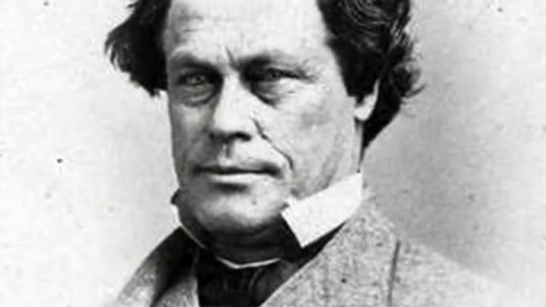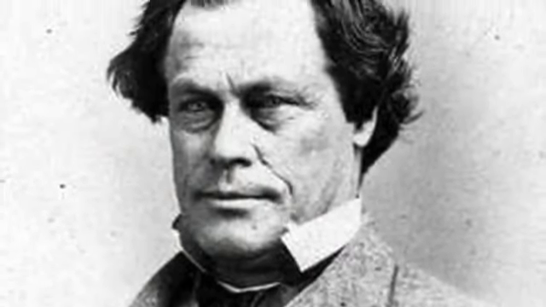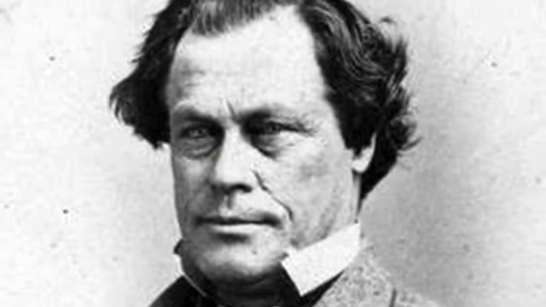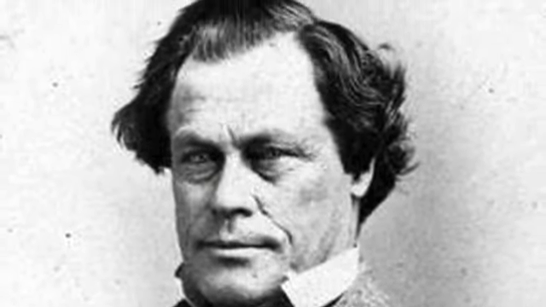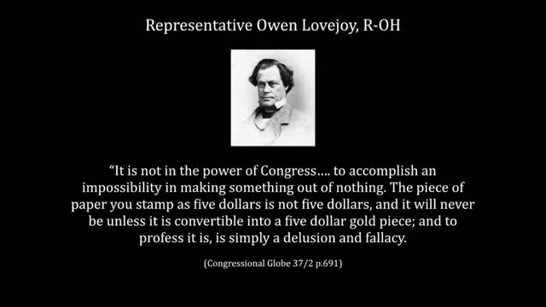During the congressional debate over the bill, Owen Lovejoy, representative from Ohio, offered an insightful perspective on United States money. He stated, "It is not in the power of Congress to accomplish an impossibility in making something out of nothing.